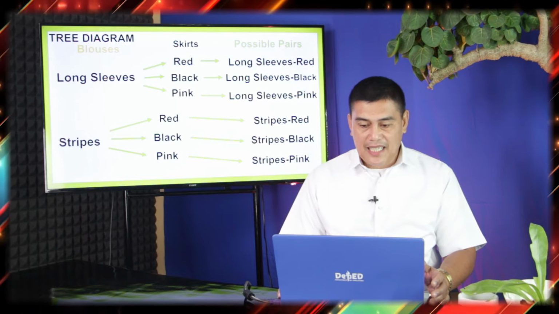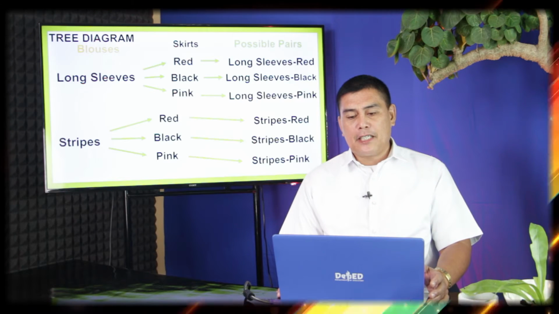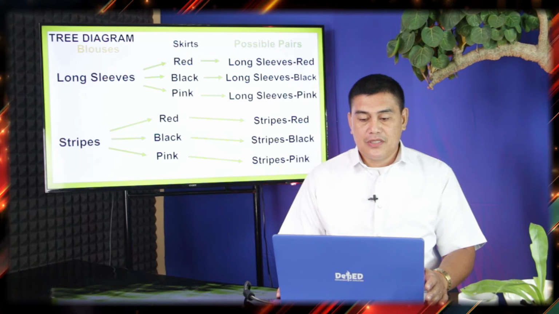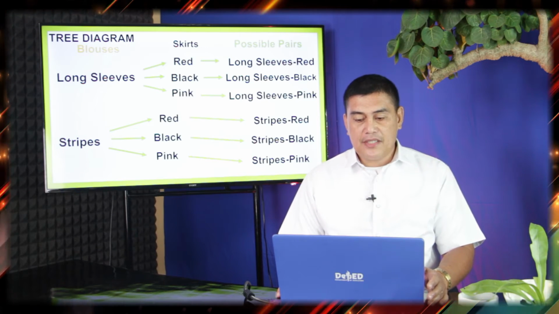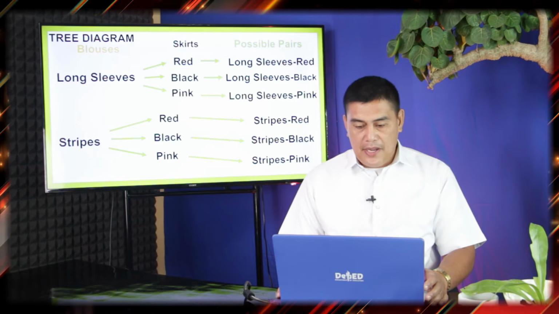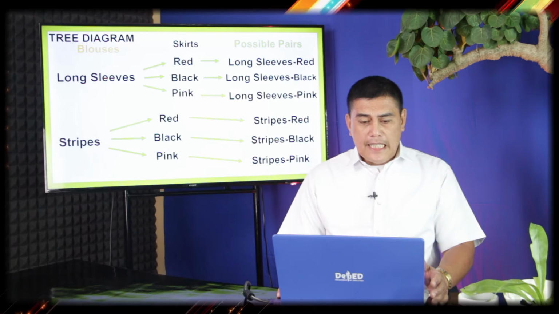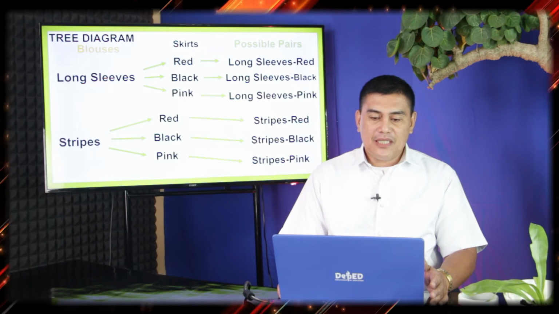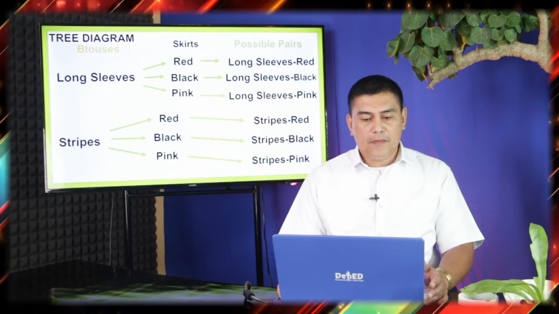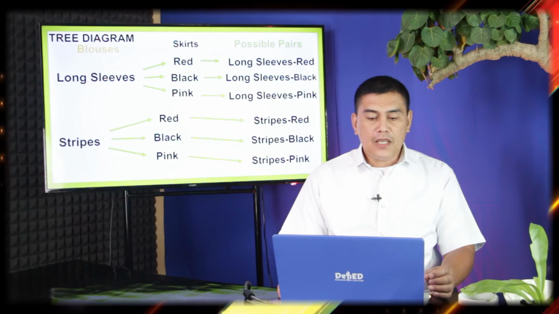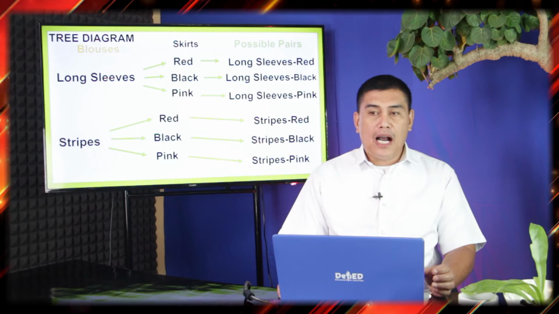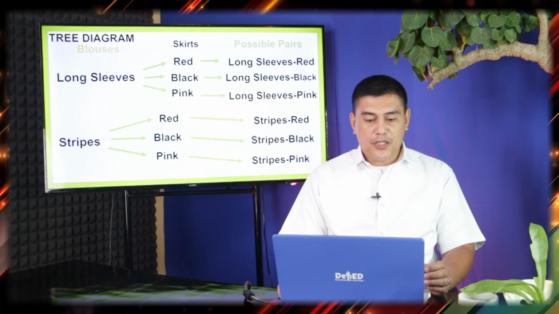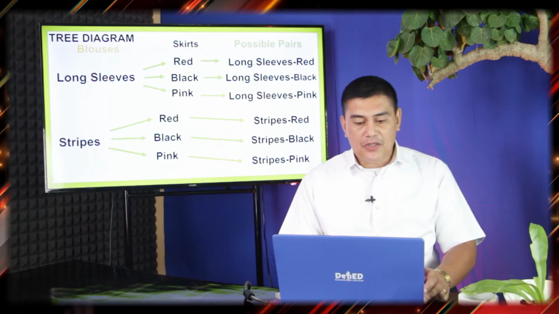I think wala na. So kung bibilangin natin, how many possible pairs do we have now? There are 6 possible pairs. Kung titingnan natin ang relation ni blouse and skirts, meron siyang dalawang possible pair choices or options kung anong pipiliin niyang blouse.